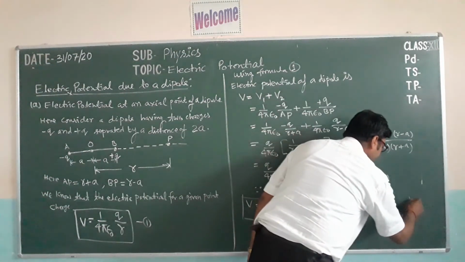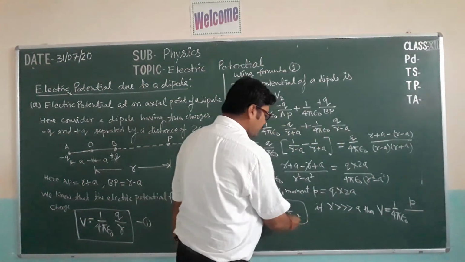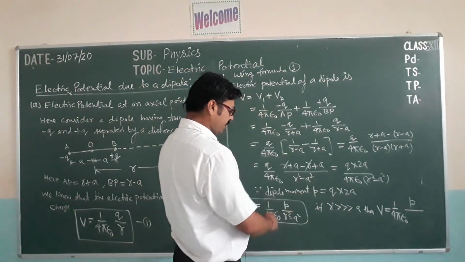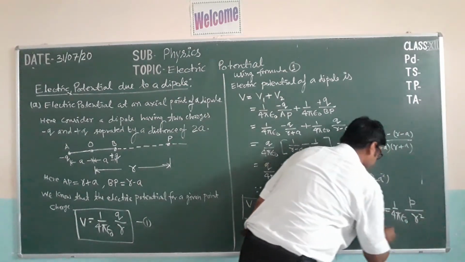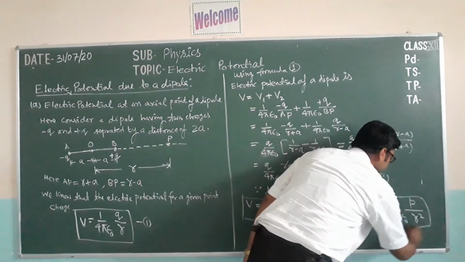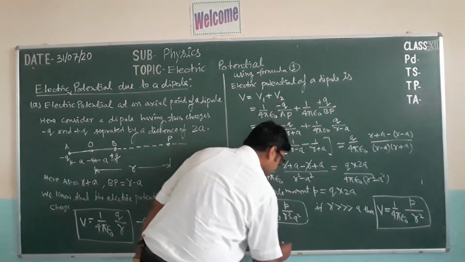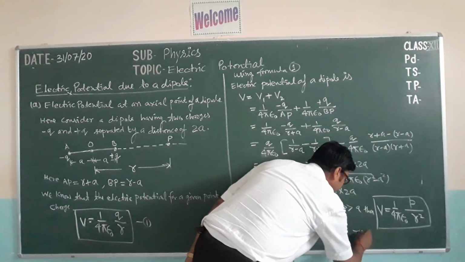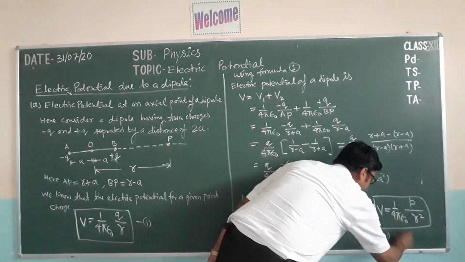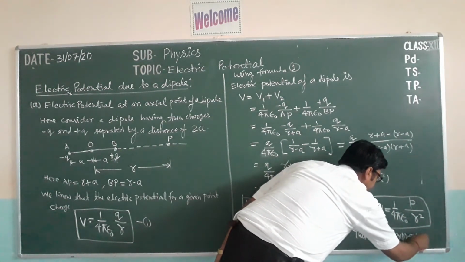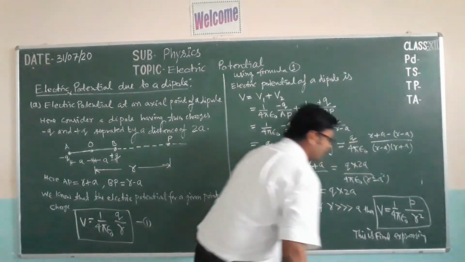That is p, and a square will be eliminated, discarded. So p upon r square. This is the final expression.